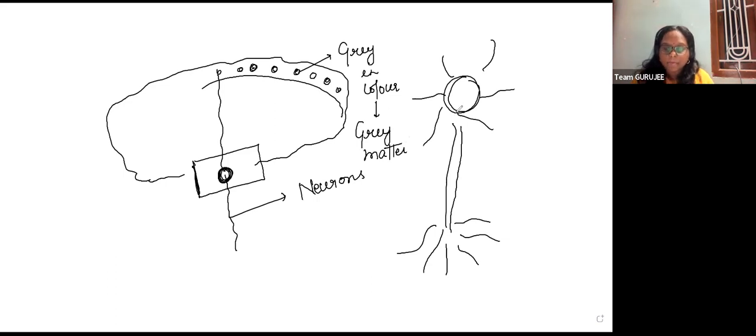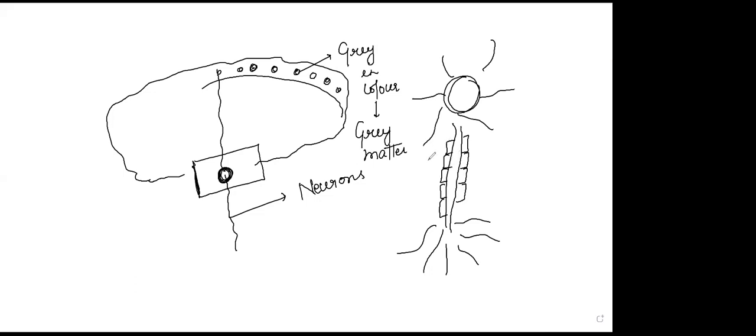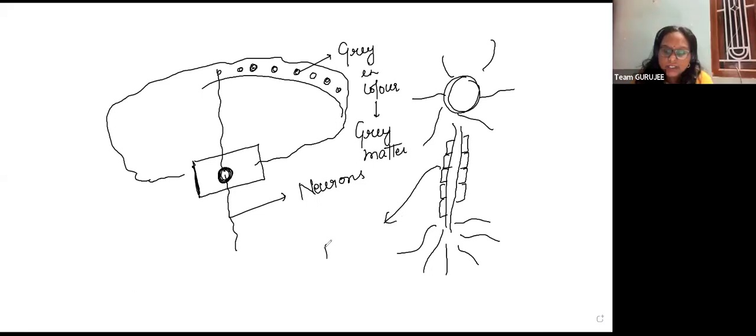Because in the last class I told you that in the axon there will be myelin sheaths. I told you in detail. And these myelin sheaths are white in color.